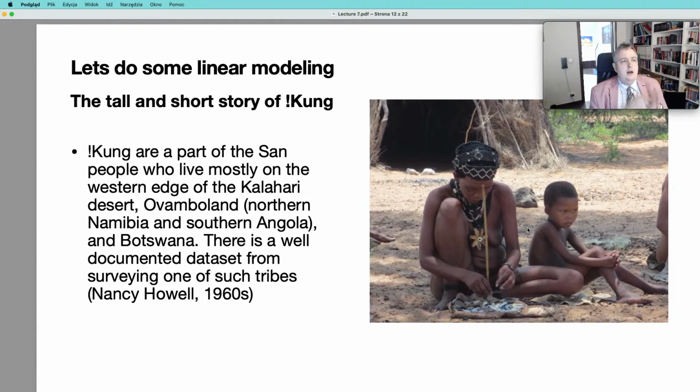We will, however, focus on the data set obtained by Nancy Howell in the 60s, describing the parameters of Kung people. Kung people are an interesting nomadic tribe, interesting because they were a very isolated population. So using this isolated population, we have a lot of simplification when creating such models. We do not have the interactions from other populations. So from an anthropological point of view, they were very interesting.